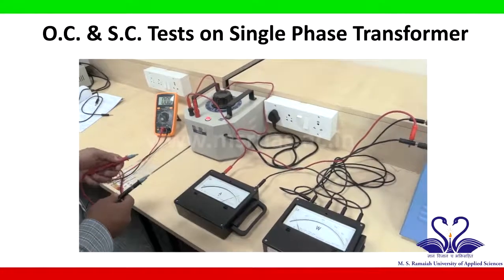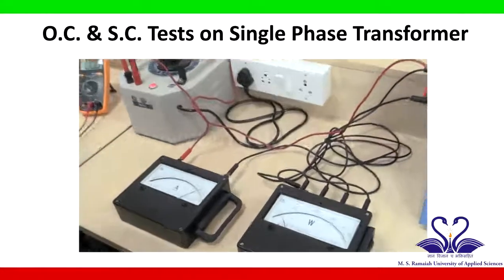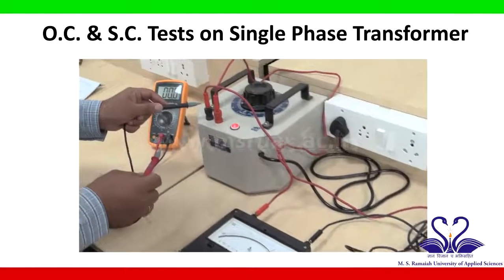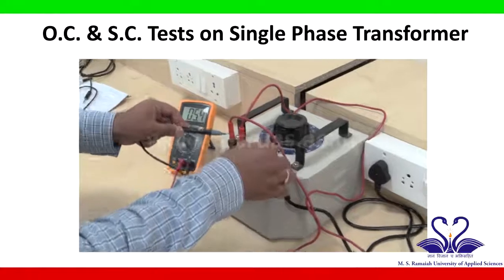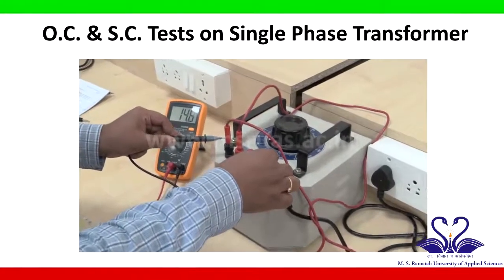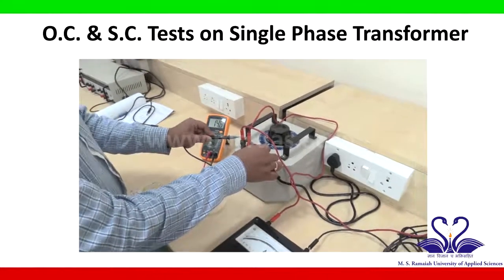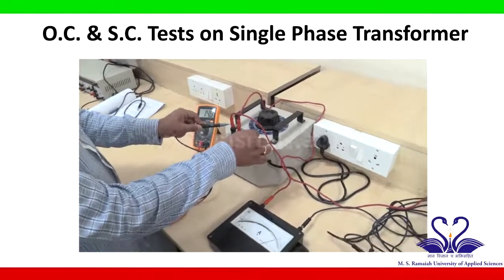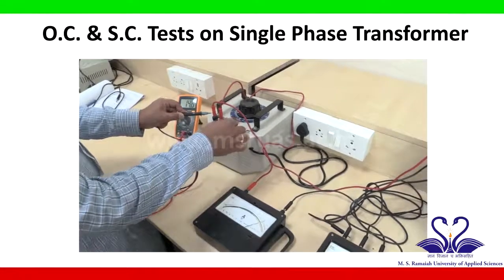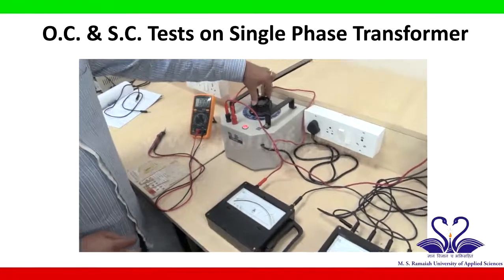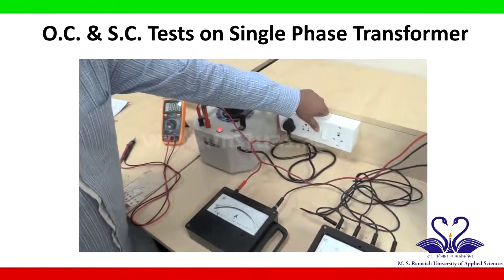Note down the wattmeter reading and measure the voltage using the multimeter. Bring the auto transformer knob back to the minimum position and turn off the supply.